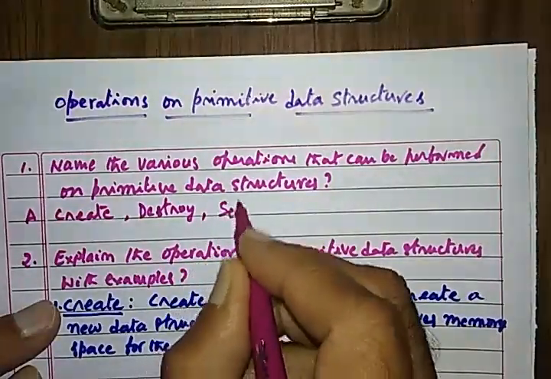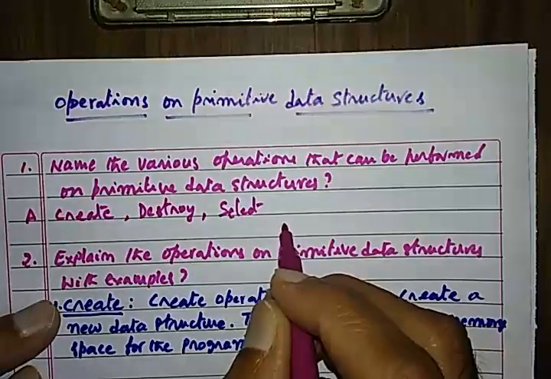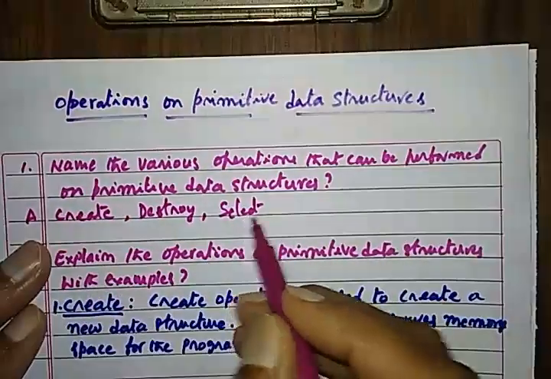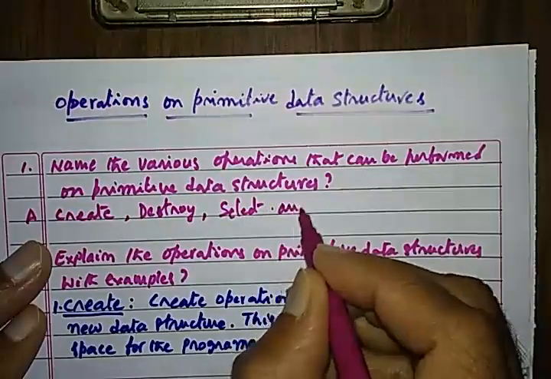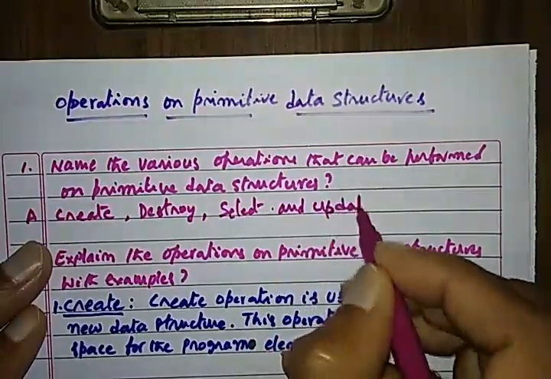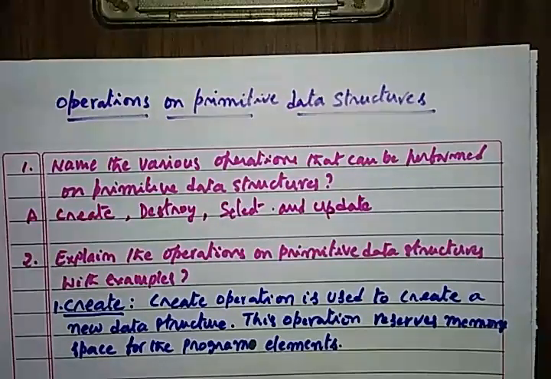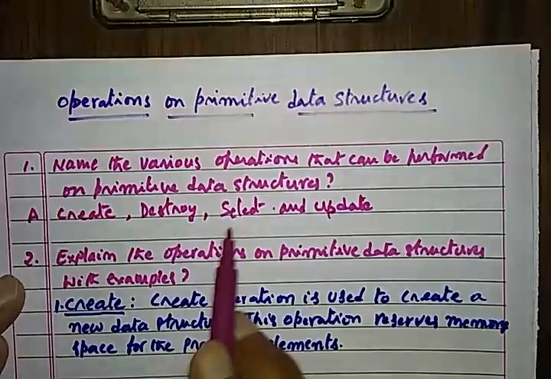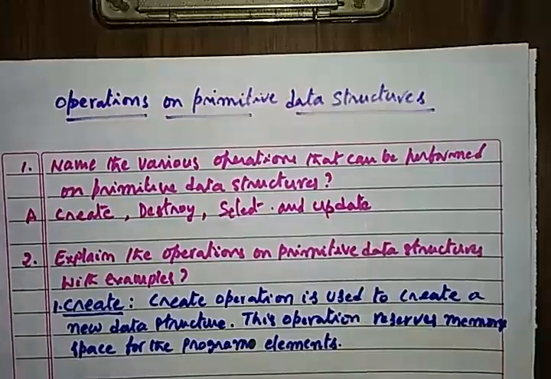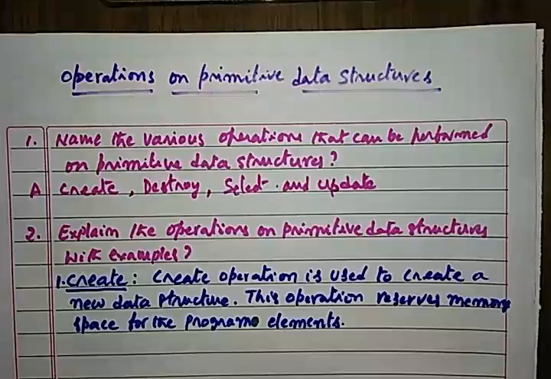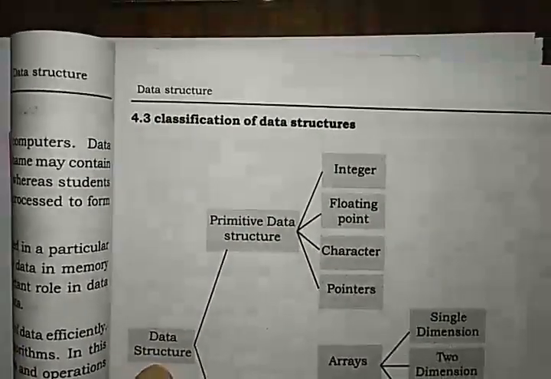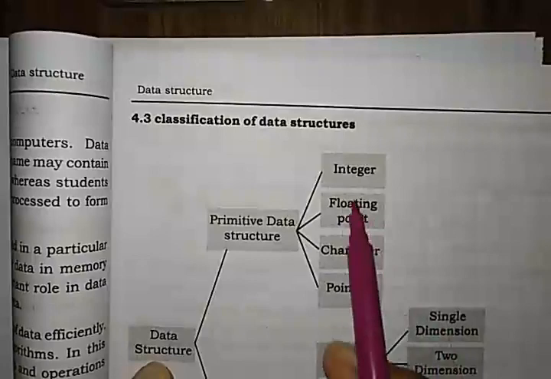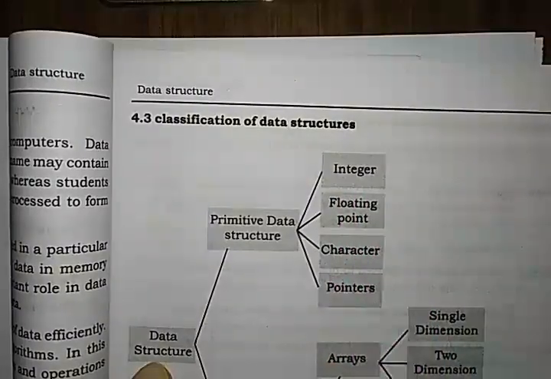You can select, do some operations on the created data structures, and update. You can update the values, or you can update anything you have mentioned in the data. So you can create, you can destroy, you can select, and you can update. These 4 are important for integer, floating point, character and pointers.